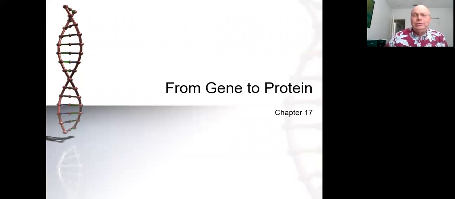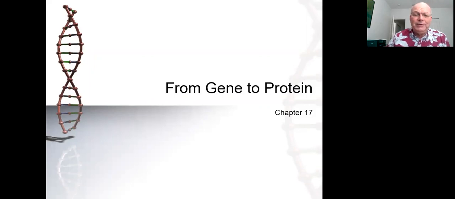Now, I am going to include a little bit more information in the presentation than is actually featured in the chapter, because I'm going to draw from another chapter and talk a little bit about how transcription is regulated, because the way it's presented in the textbook doesn't go far enough for you to be able to understand very easily the differences between transcription in bacteria and transcription in eukaryotes.